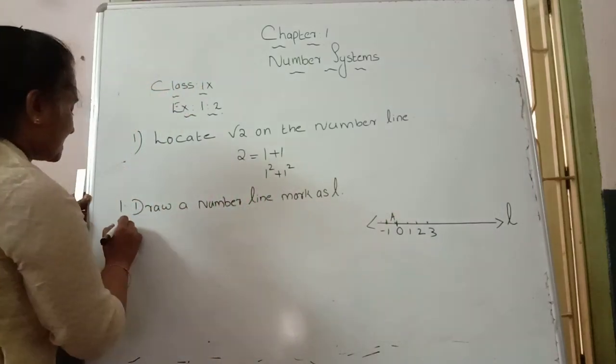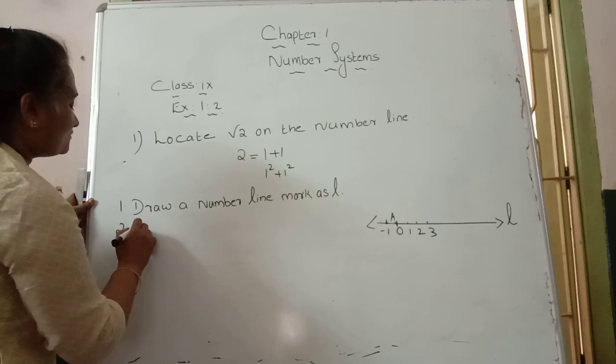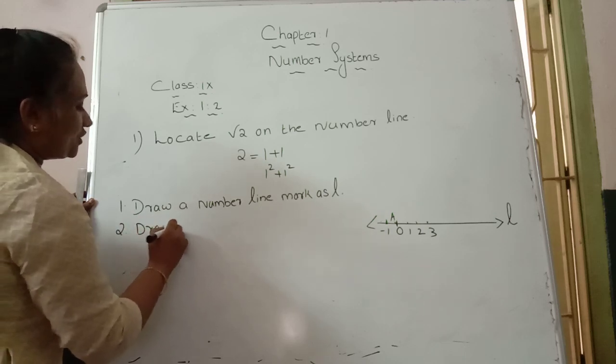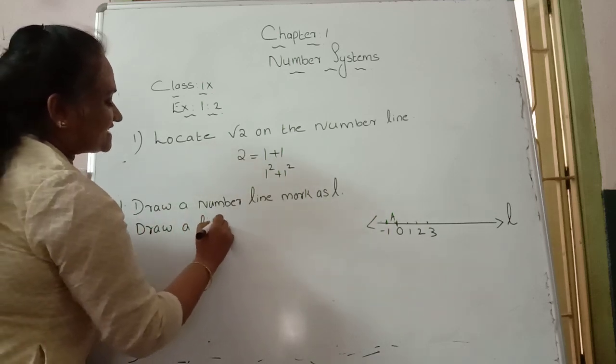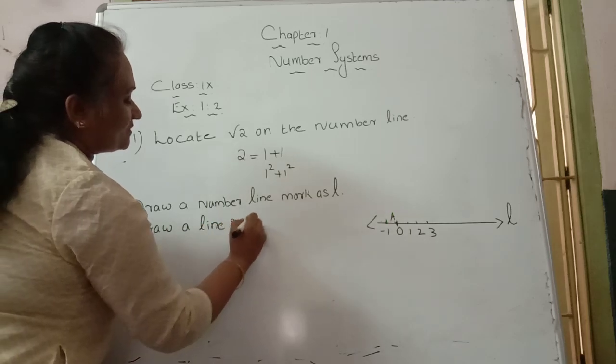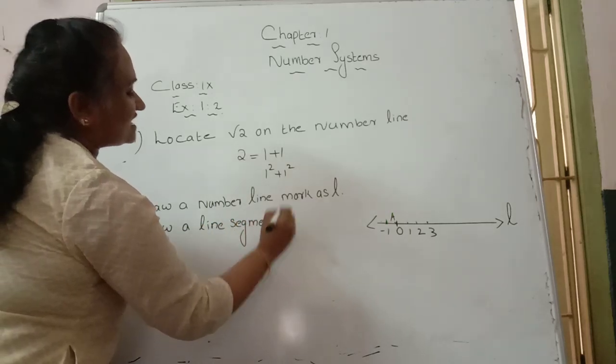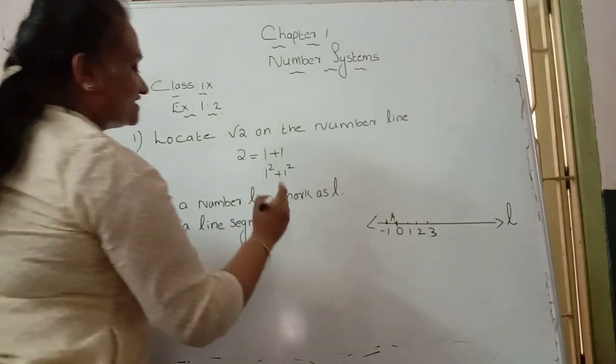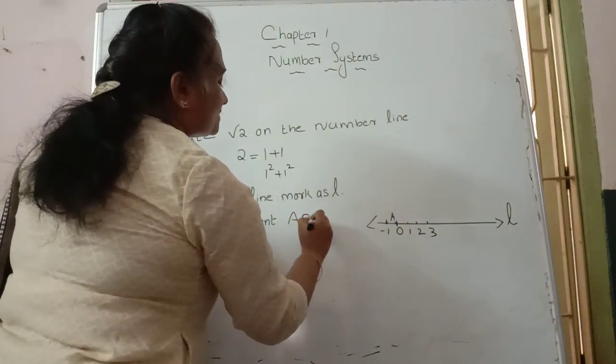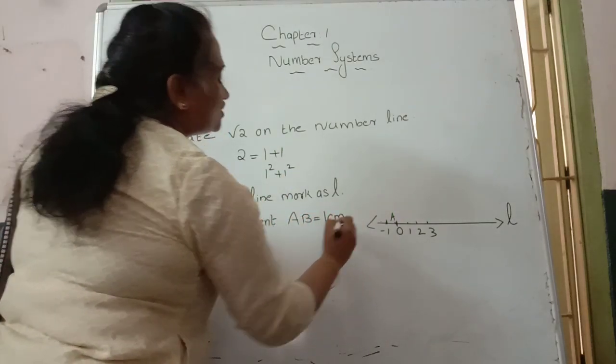That's why in the second step you draw a line segment. A line segment has end points A, B. How much measurement do we take? 1 centimeter.